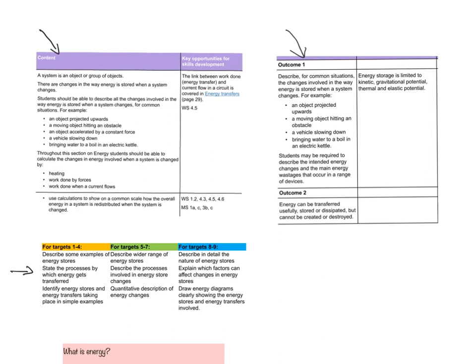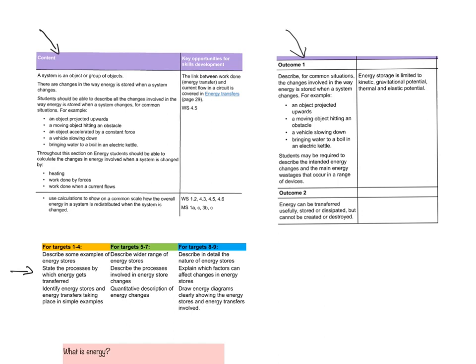Now, from looking at the actual specification, it says a system is an object or group of objects. That's very important when it comes to defining conservation of energy in a bit. So, for example, a system could be a ball thrown up and down in a vacuum. So that's the ball itself is the system.